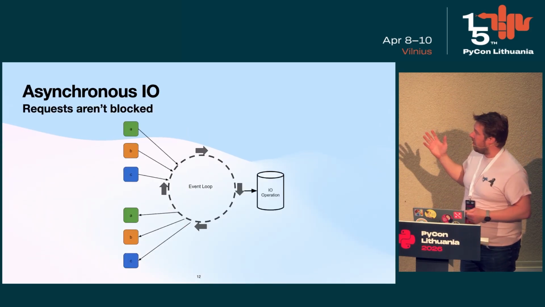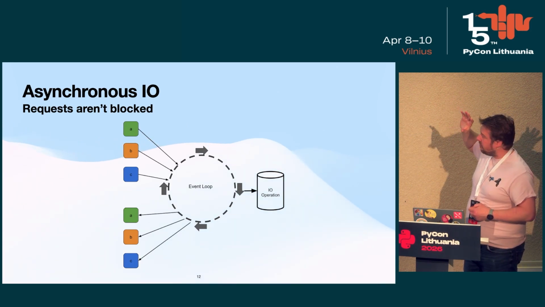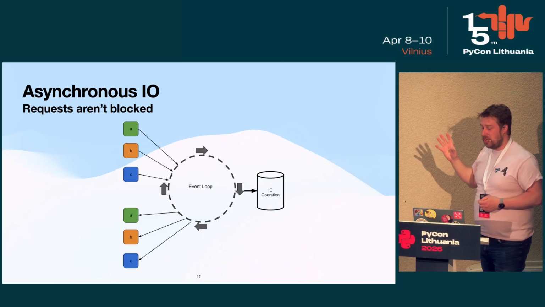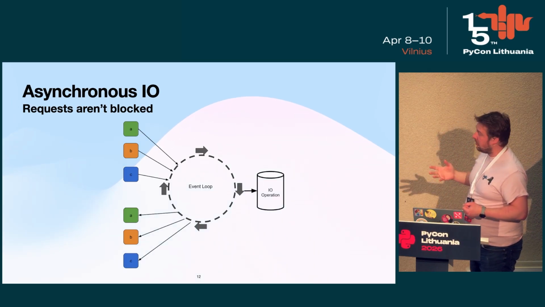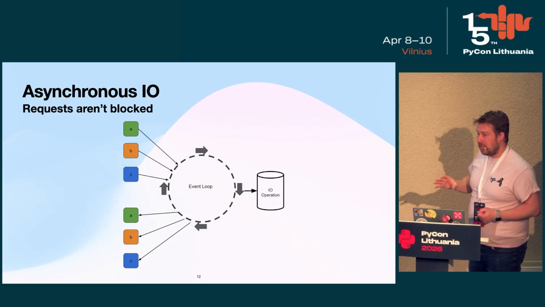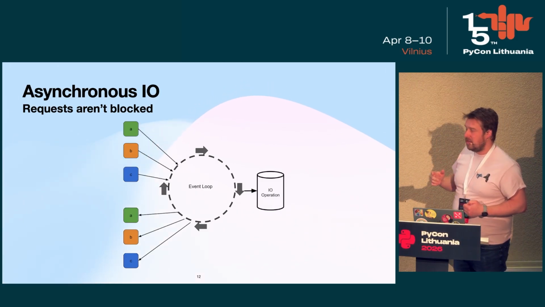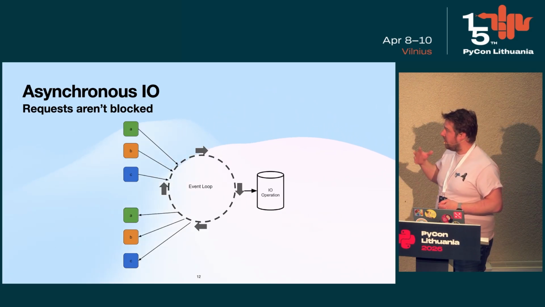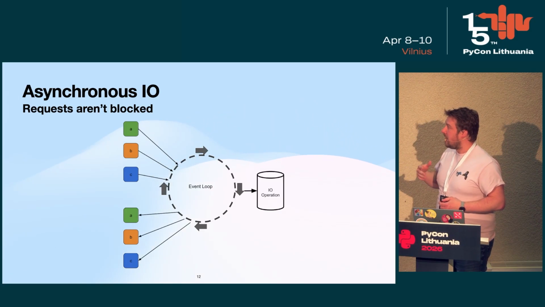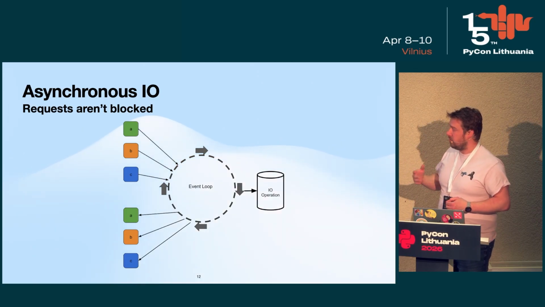So asynchronous I/O was the next nice feature. FastAPI, as its name suggests, is designed to be fast, and it does that using an event loop for non-blocking asynchronous I/O. I first heard about this in Node.js in JavaScript when that became popular, and that was when asynchronous I/O, non-blocking I/O, and event loops were discussed a lot more.